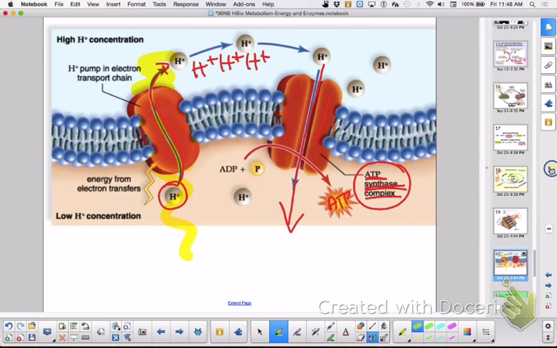It is a difference in what three things? pH, charge, concentration. Good. Carrier proteins allow hydrogen ions to flow down their concentration gradient, and this energy is used to synthesize what? ATP.